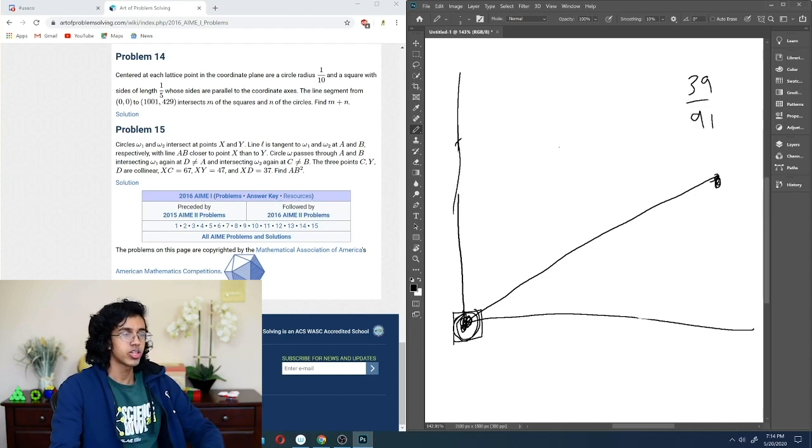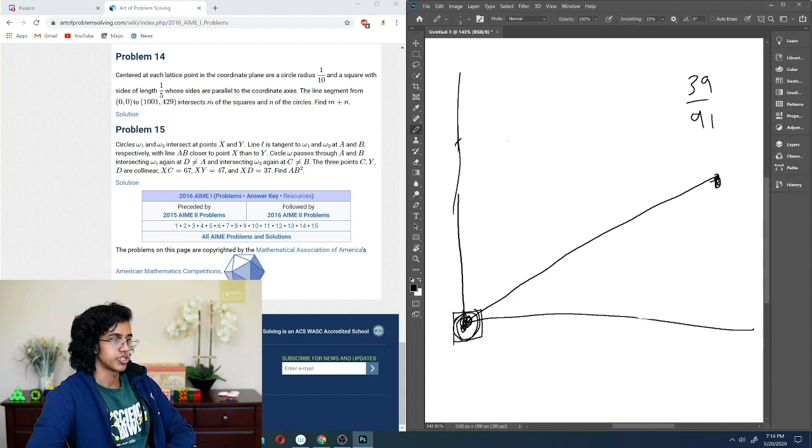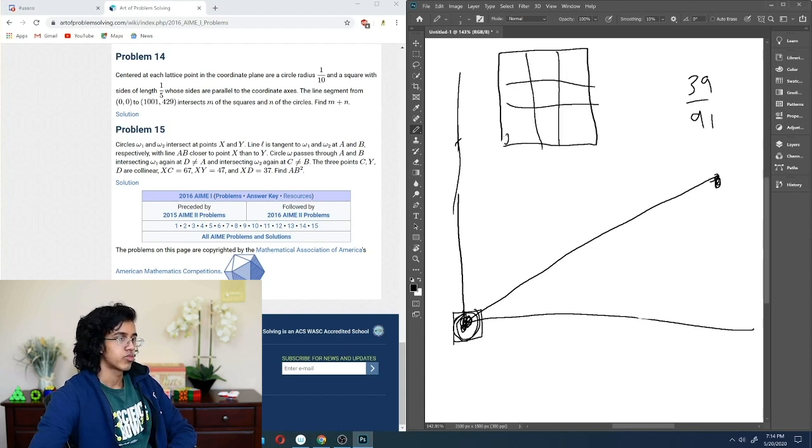Okay. So this is a little bit more than 1/3, so it should be between 1/3 and 1/2. If we draw out a 3 by 3 grid, let's see how it looks. So we go from here, and 1/2 would make it go there, and 1/3 would make it go there. So it's probably somewhere around there. Okay, so it for sure intersects both the circle and square of this one.